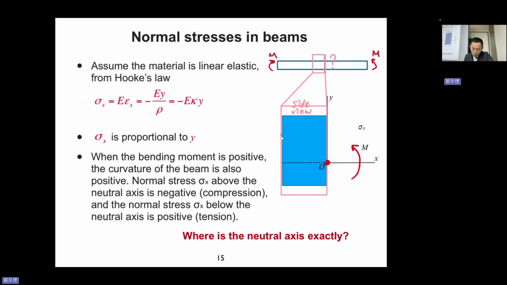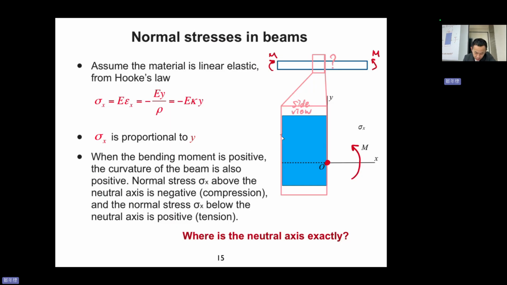Okay, no shear stress, and the stress will be proportional to negative y if we have the positive moment.